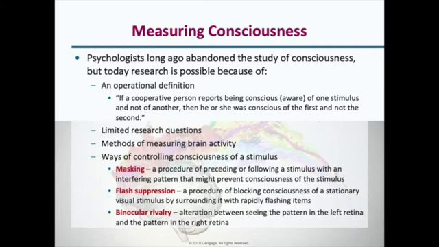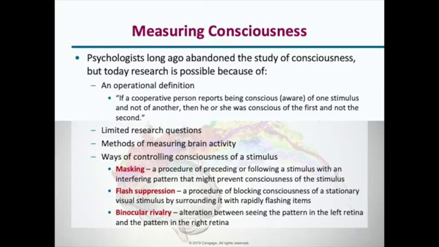Moving on to methods, researchers today have several methods to record brain activity without invading the brain, such as EEG, MEG, fMRI, and a bunch of other acronyms. And then finally, by using the methods of masking, flash suppression, and binocular rivalry, those are tough words to spit out, we can prevent conscious perception of a stimulus.